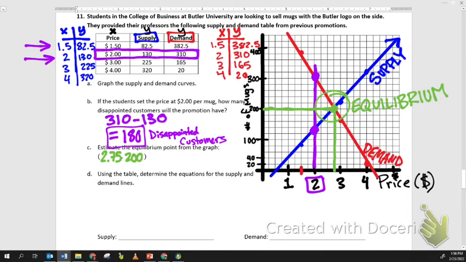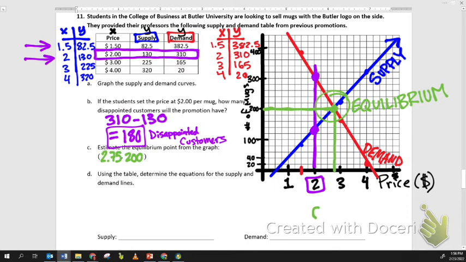Part D asks us, using the table, determine the equations for the supply and demand lines. What form do we want to write our equations in? Yeah, I like y equals mx plus b. We know how to write that one. So for y equals mx plus b, my slope-intercept form, I need to find two things.